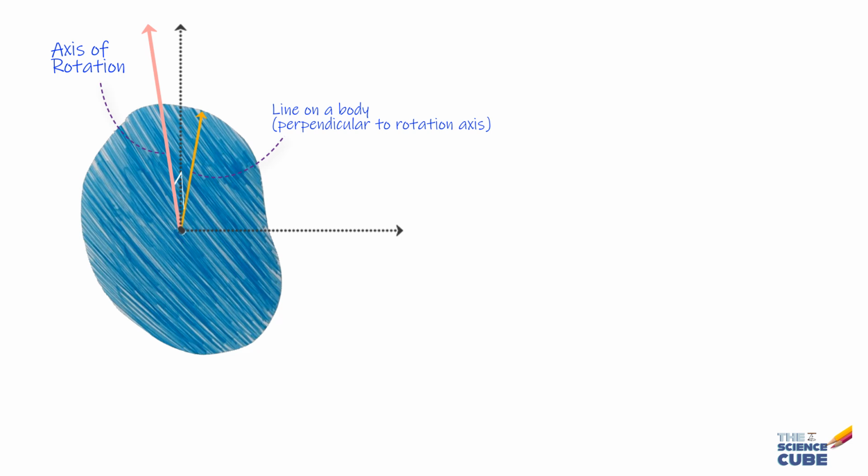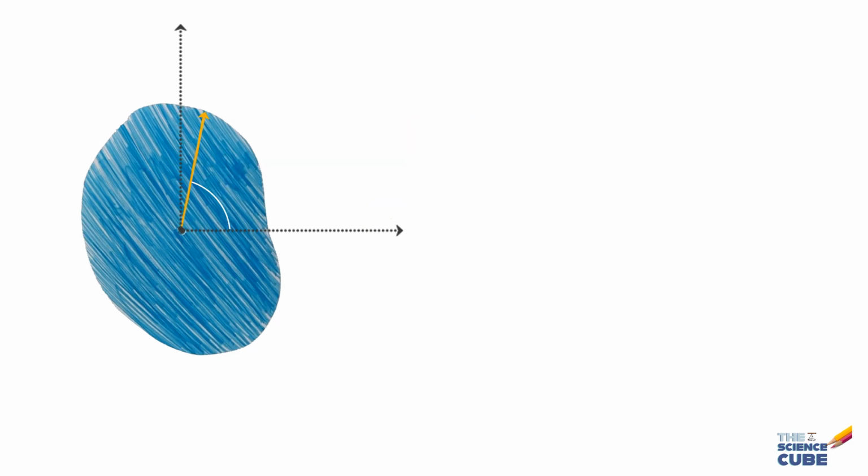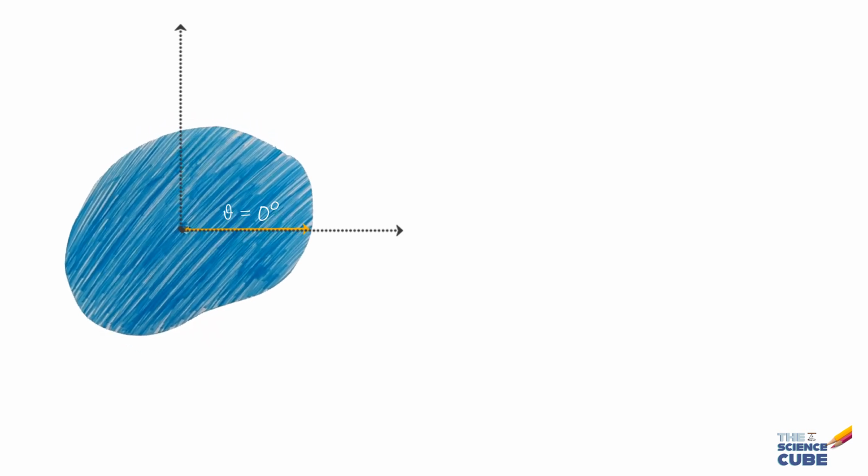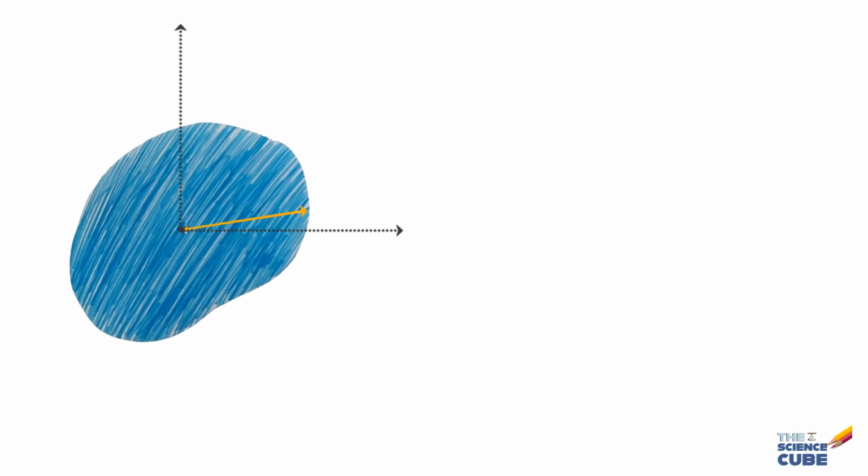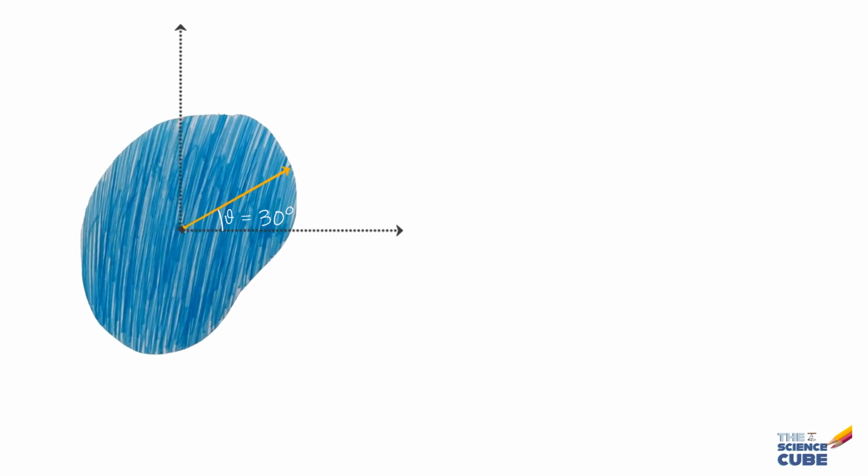And we will say that the angular position of this line is the angle of the line relative to the positive direction of the x-axis. So if the body is oriented such that this line lies along the x-axis, we say it is at zero angular position. And if we rotate the body by, let us say, 30 degrees, we say its position is 30 degrees.